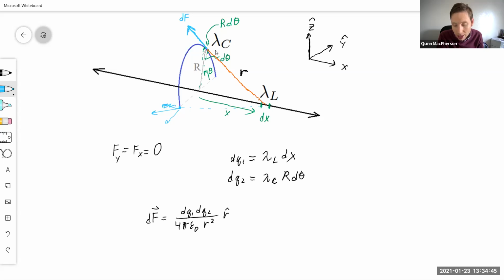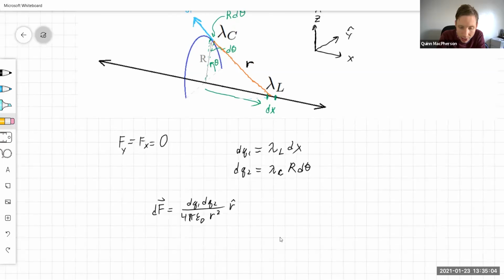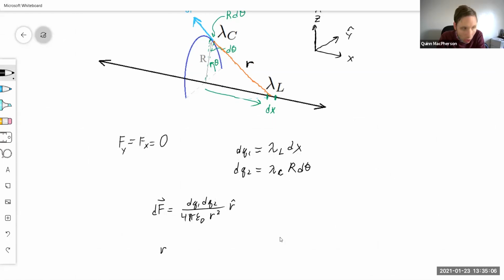We of course don't care about the x, only the radial part. So we'll find the radial part, and then find how much of that radial part points specifically in the z direction. To find the radial part, I'm going to say that r hat is r over r.